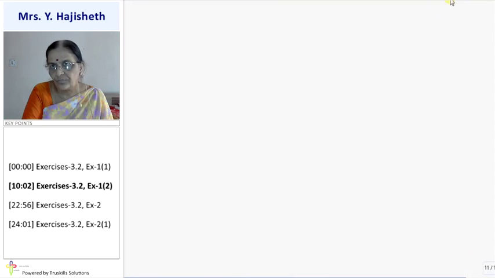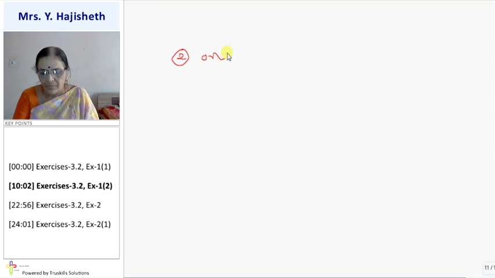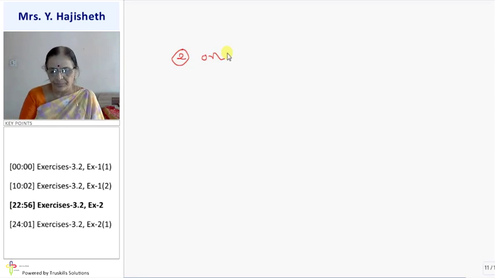Now it is given that there is another sum.